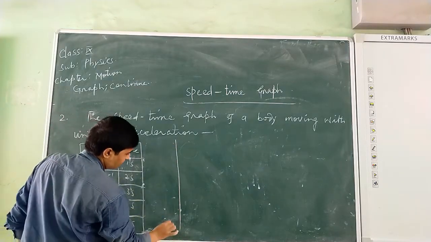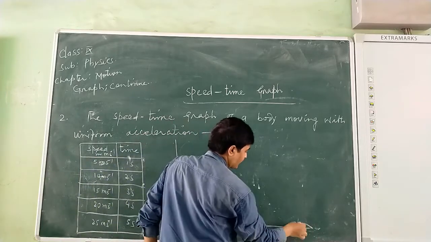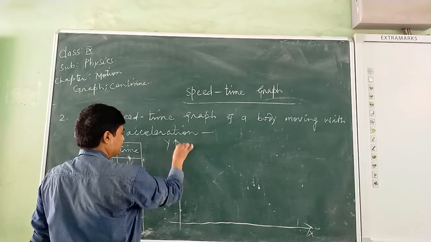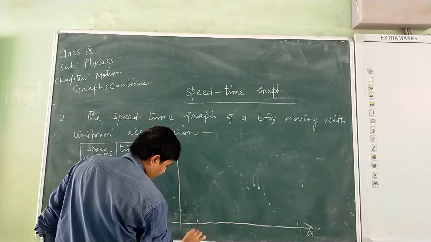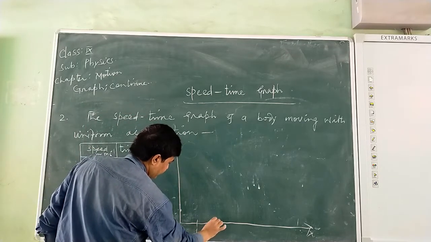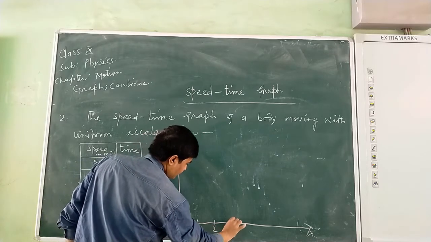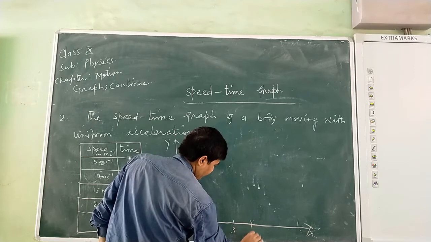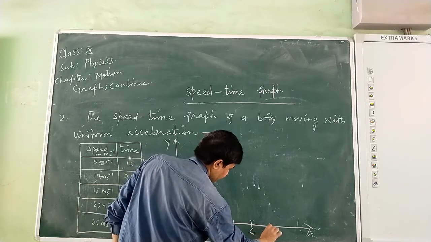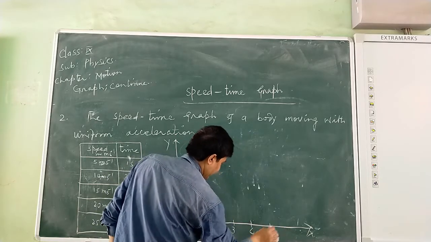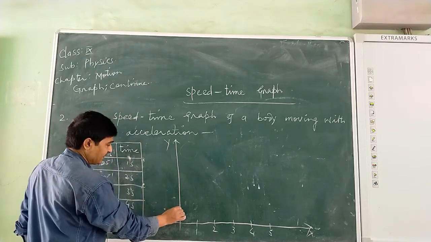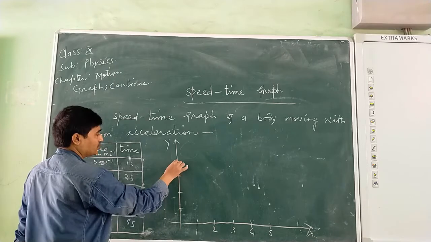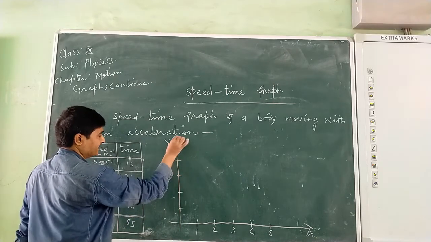Plot a graph, x-axis, y-axis. Always we take time on the x-axis, because time is the independent variable, and so it is taken on the independent axis, x-axis, and the other variable is taken on the y-axis, so y is the dependent axis.